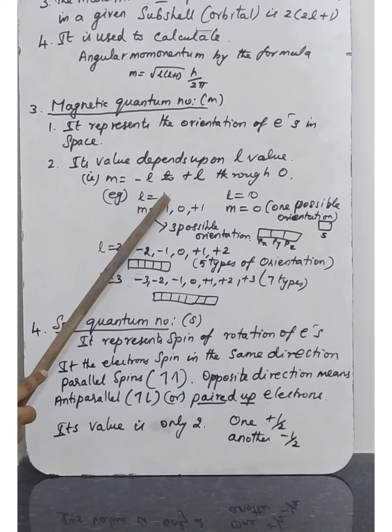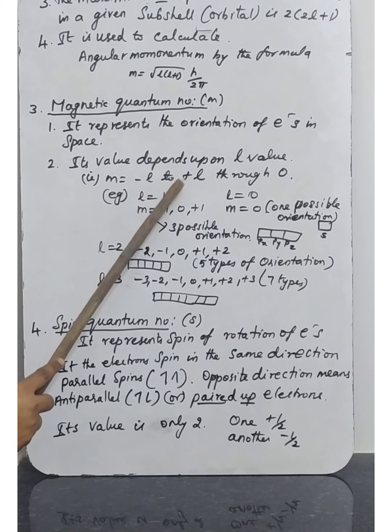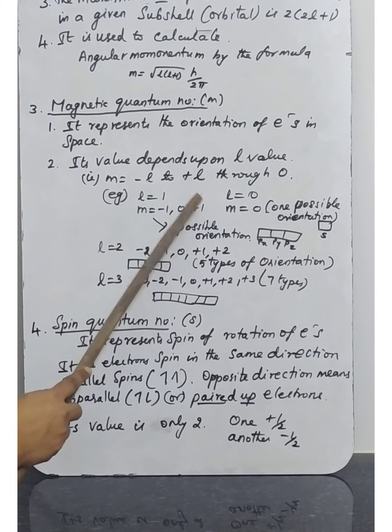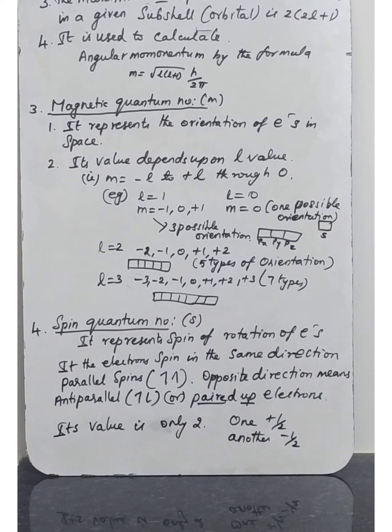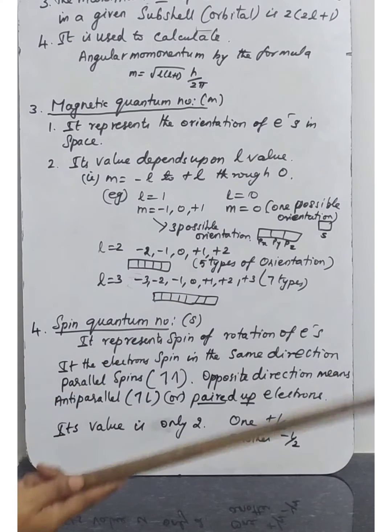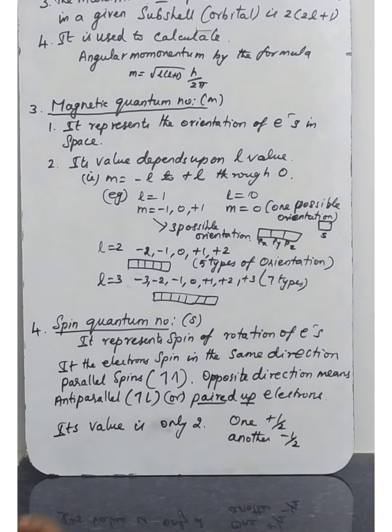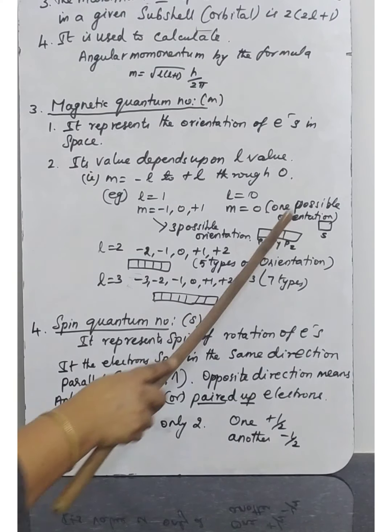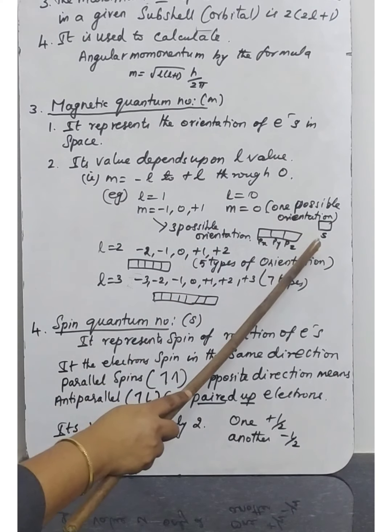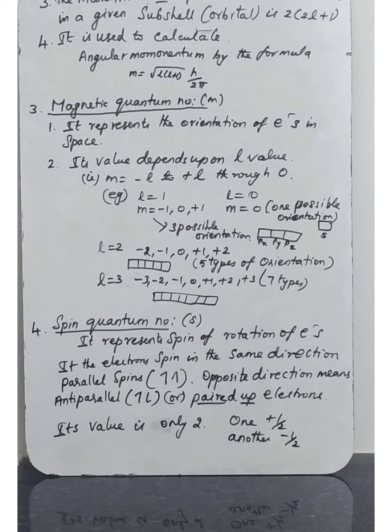So if l value is equal to 1, m is -1, 0, +1. So there are 3 possible orientations, that is px, py, pz. Suppose l value is equal to 0, what is the possible m value? 0. Therefore only one possible orientation, that is the s orbital. l equal to 0 means s orbital, only one box.